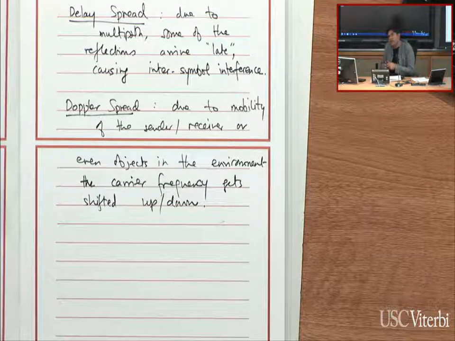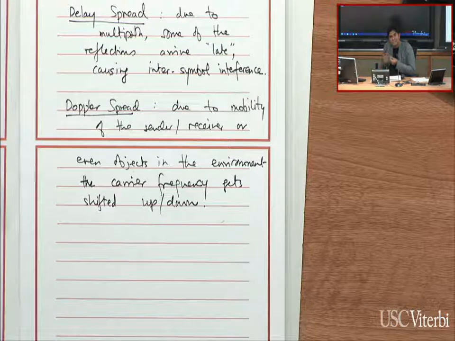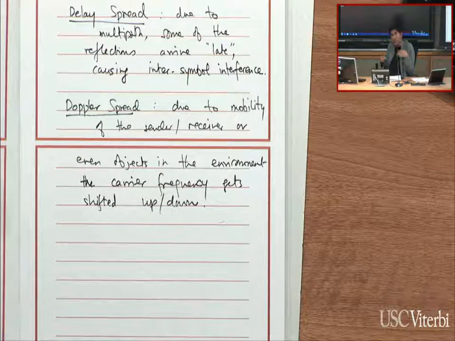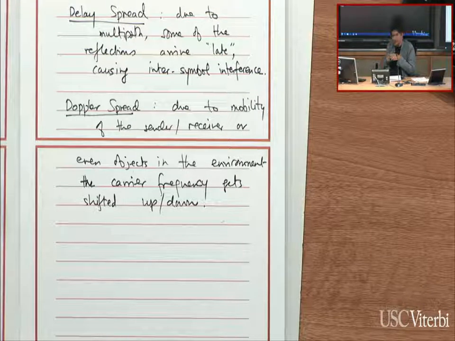So if you have a source that's emitting a sine wave and it's moving towards you, because the source itself is moving closer to you, the crests of the wave start appearing quicker, and so it's as if you're now experiencing a sinusoid with a higher frequency, right? So you slowly see an increase in the frequency in that case.